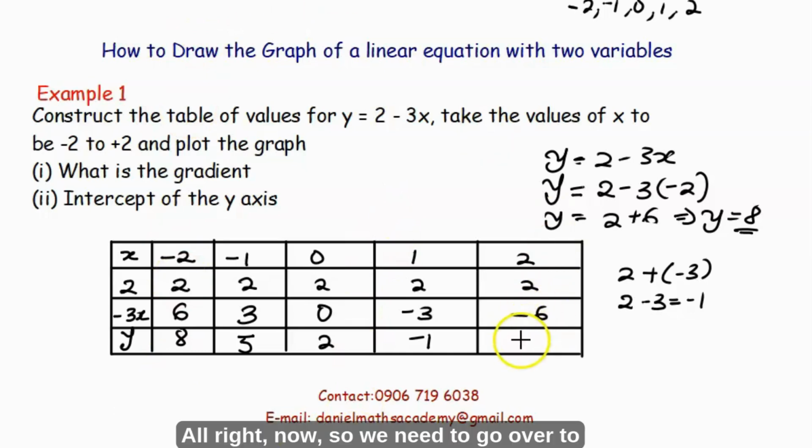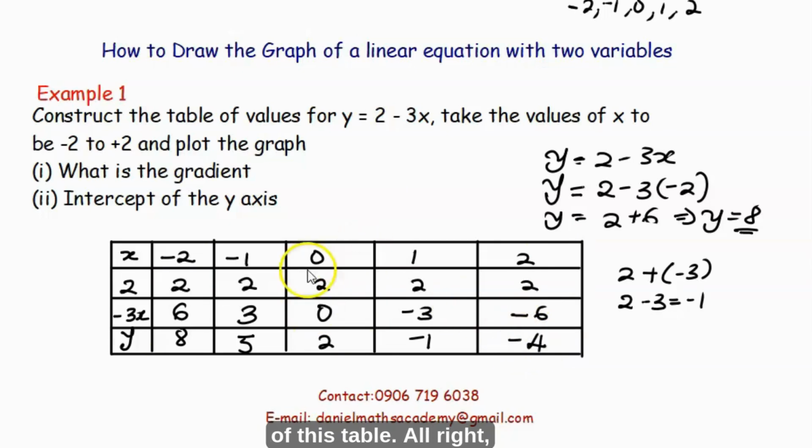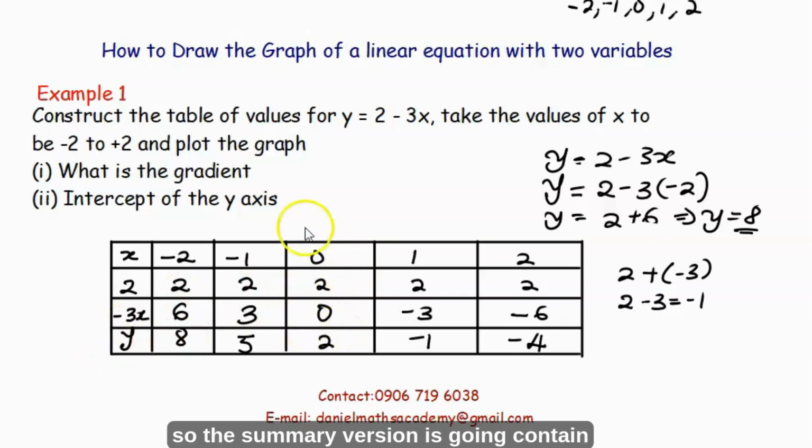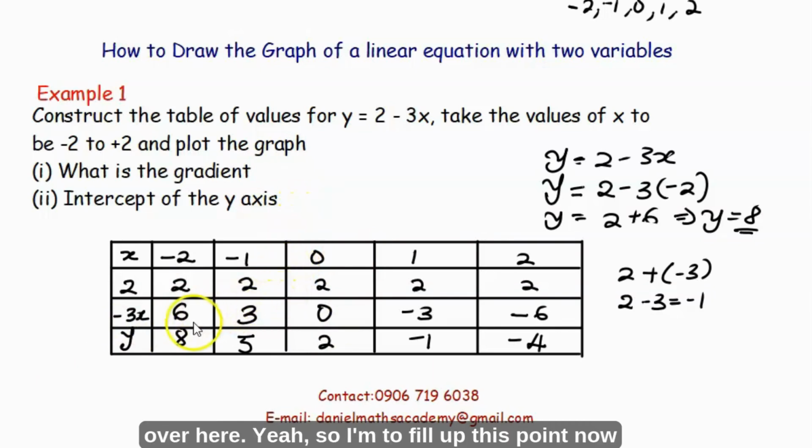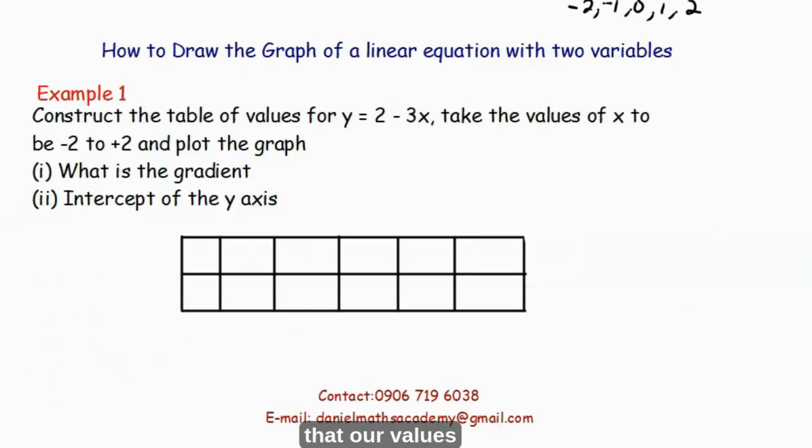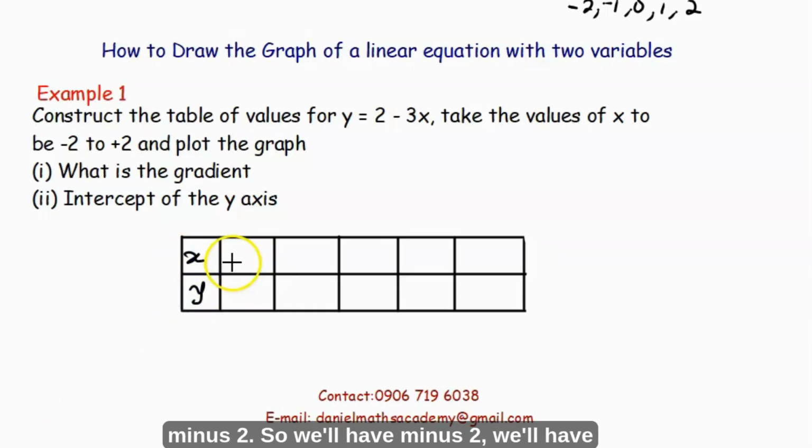Now we need to create an abridged version of this table, the summary version that's going to contain just x and y. So I have it over here. I'm going to fill up this table now with x values and our y values. Remember that our range of values of x was from minus 2, so we'll have minus 2, minus 1, 0, 1, and 2.